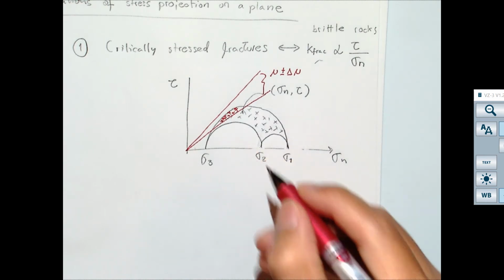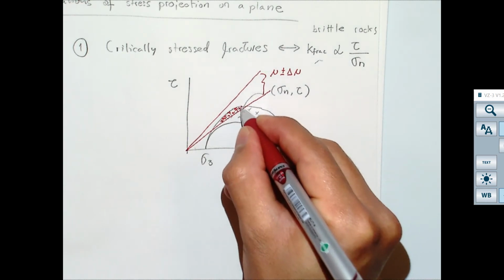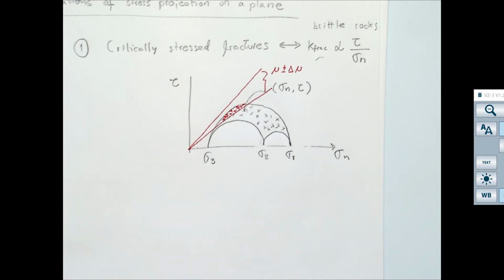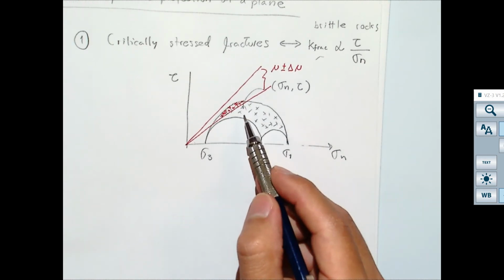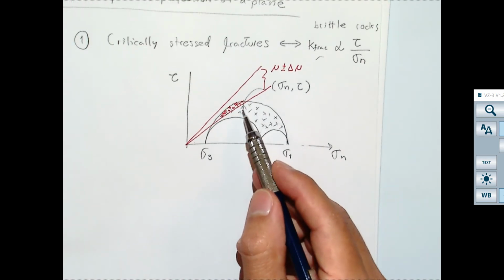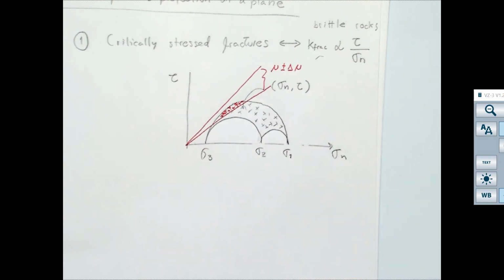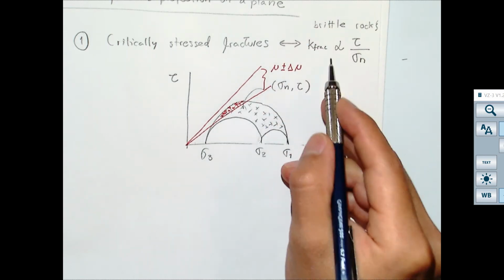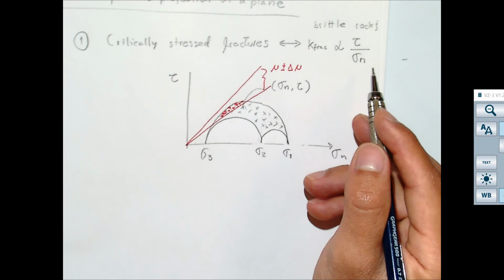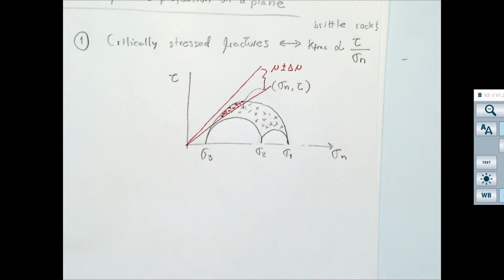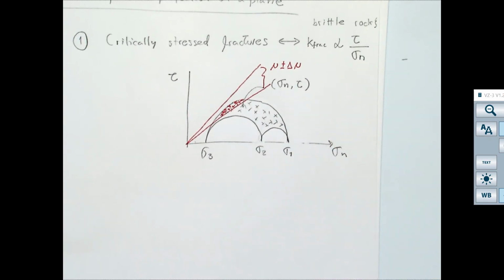All of these fractures are said to be critically stressed because they are almost at shear failure. Probably that's something that we cannot observe right away in the subsurface, but we can see that sometimes through permeability and some other times by limiting the state of stress, which I'm going to come back to in a minute.